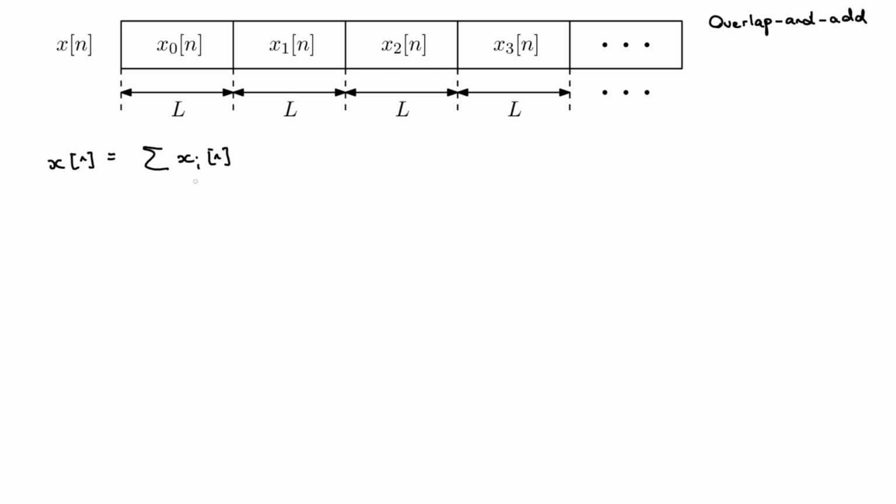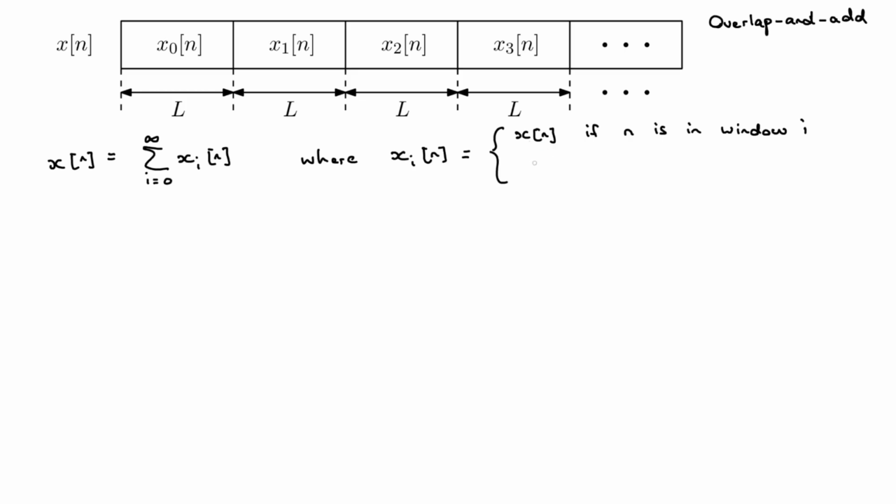In general, we'll assume x[n] starts at time index 0, and we will assume it goes on until forever. Each of the little blocks, each of the x_i's, will be equal to x[n] if n is in my current window that I'm looking at. Then the value of x_i[n] is just the value of x[n].